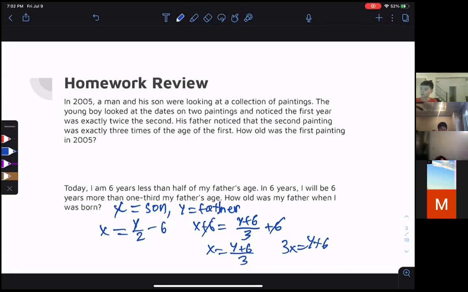And then if you go back to the first equation, if you multiply both sides by 2, you get 2x equals y minus 12. And if you subtract these two, you will get x equals 18. And then if you multiply x by 3, you'd get 48.